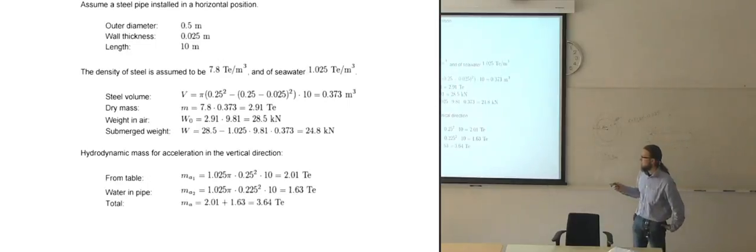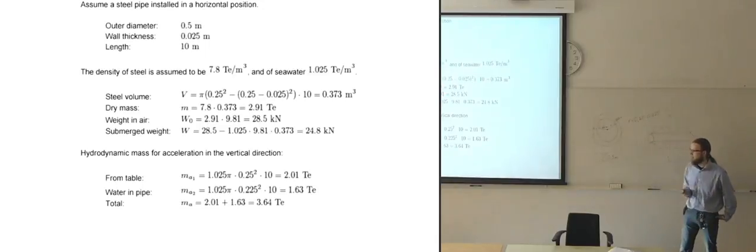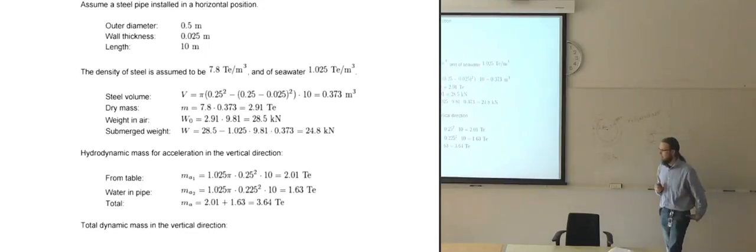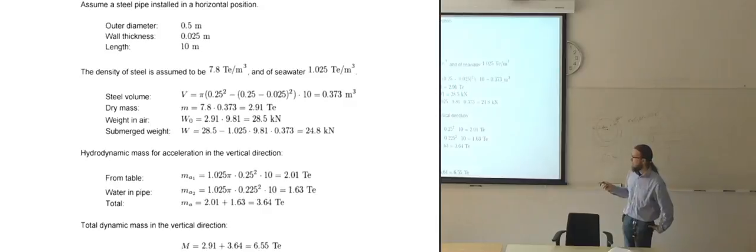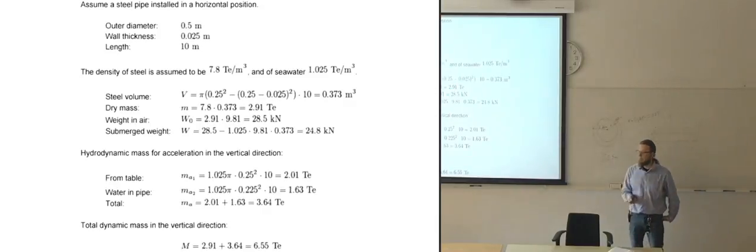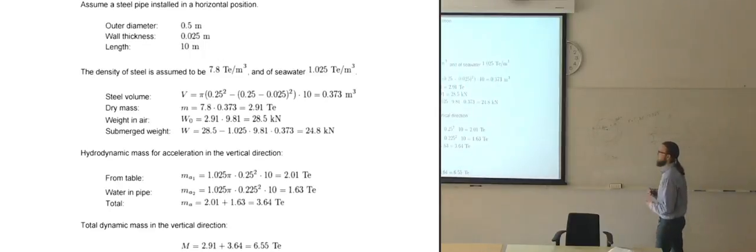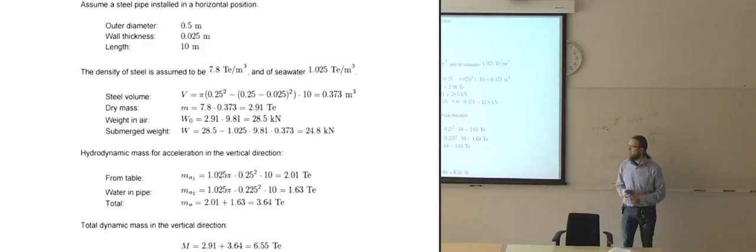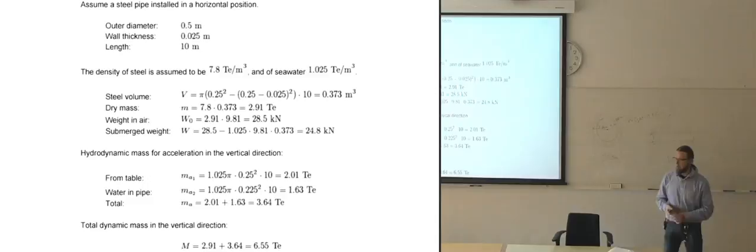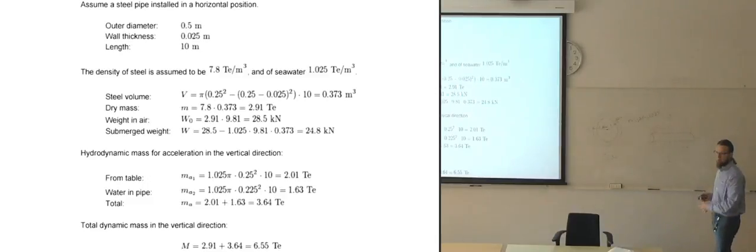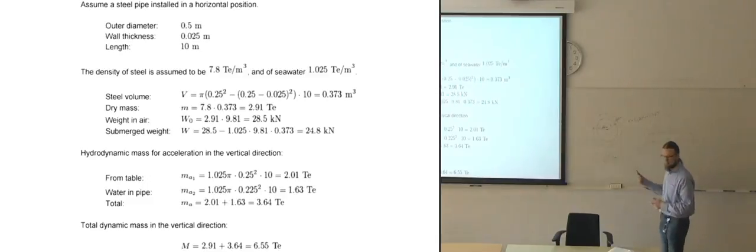Which means that our total added mass is 3.6 tons approximately. And then we add in the weight of the pipe also, so we end up at 6.5 tons for just that one pipe. So something that weighed around 3 tons when it was lying on the deck of the ship is going to end up being twice that, and then some, when you get it into the water and start moving it.